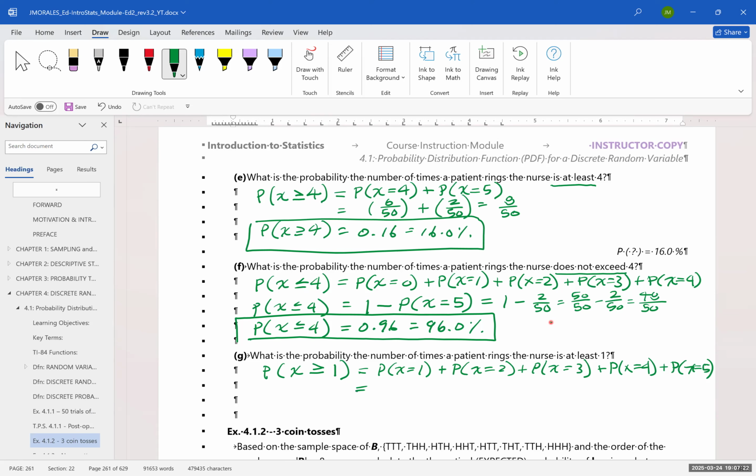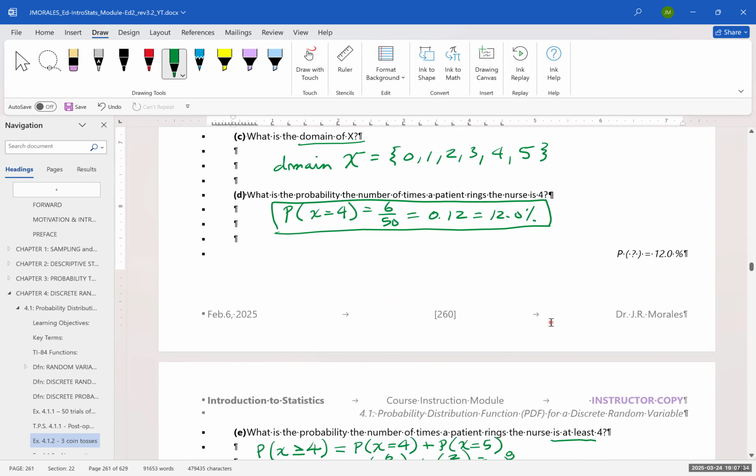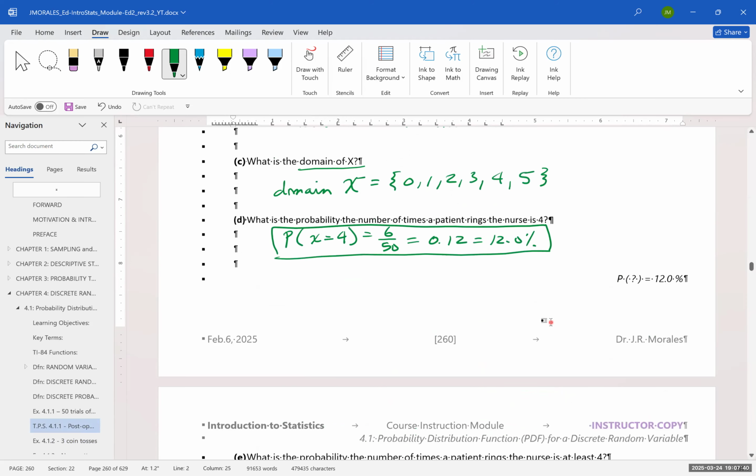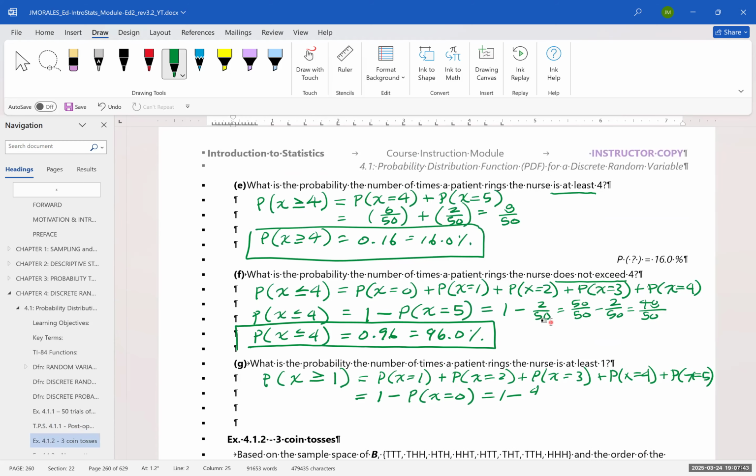Or we could put 1 minus the probability that x is equal to 0. And what was the probability that x was equal to 0? 4 out of 50. So that would be 46 out of 50. And what's 46 divided by 50? 0.92 or 92.0%.